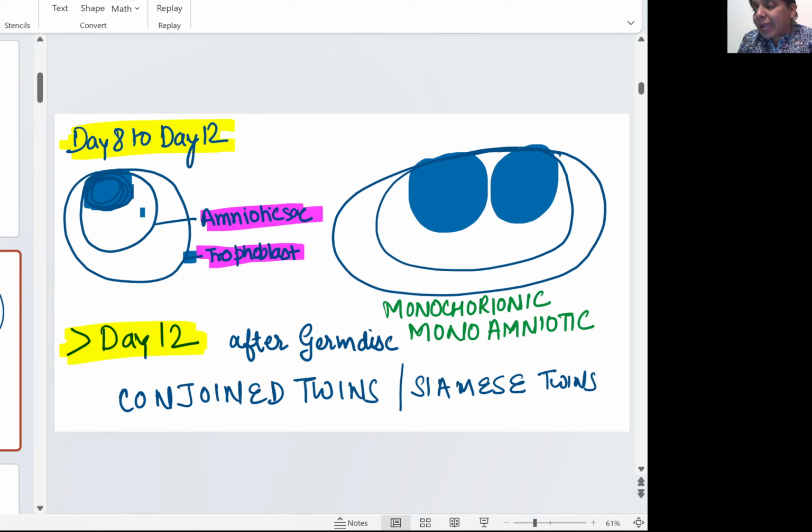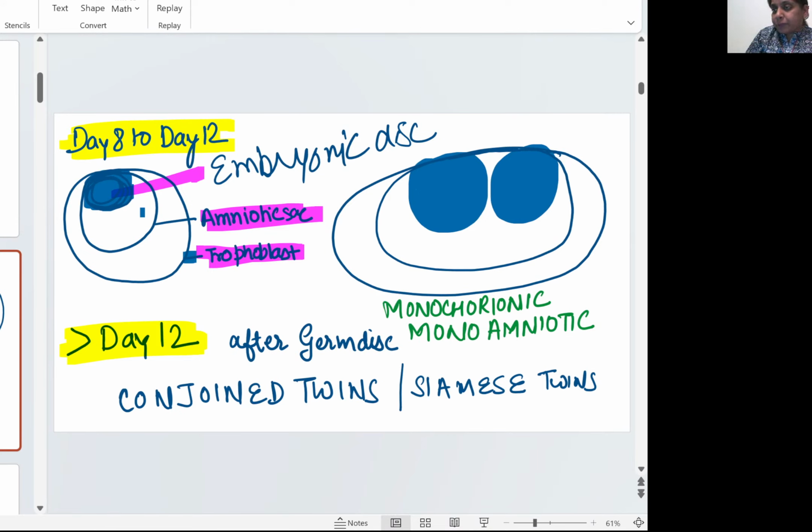Now only the embryonic disc will multiply and form two embryonic discs. So what will be formed? Write down in the chat box: MCMA, monochorionic monoamniotic, because already before the division the chorion and amnion have been formed. So now only two embryonic discs will be formed.